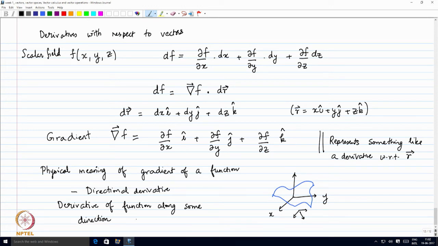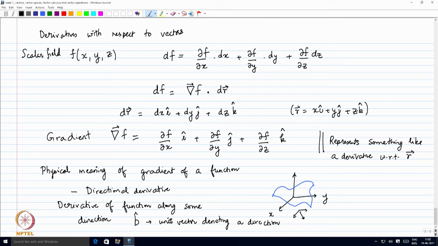So, if we take a direction that is denoted by a unit vector b hat, okay. So, this is a unit vector denoting a direction. Okay.